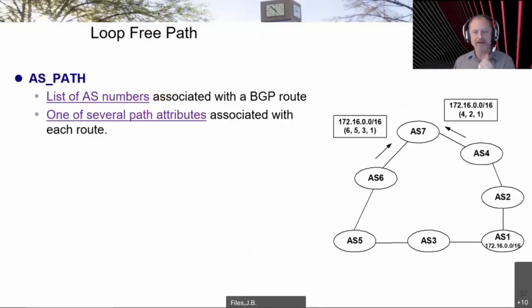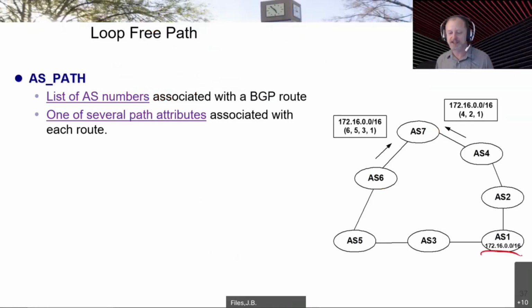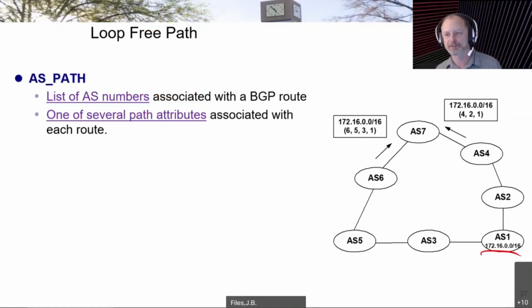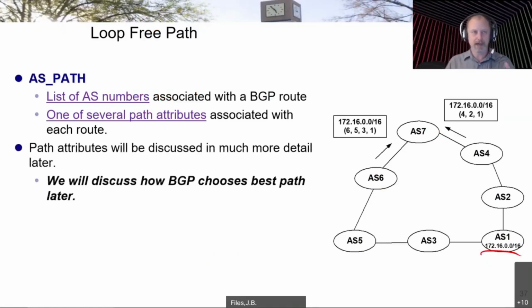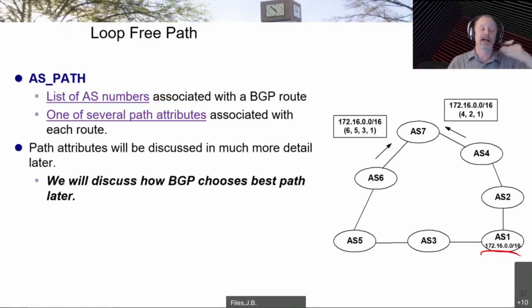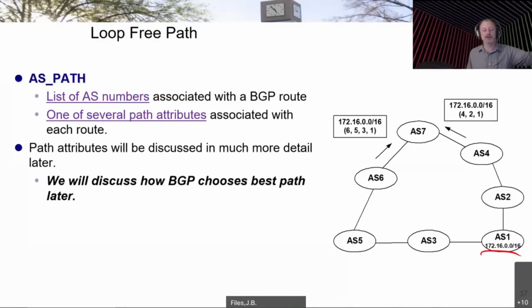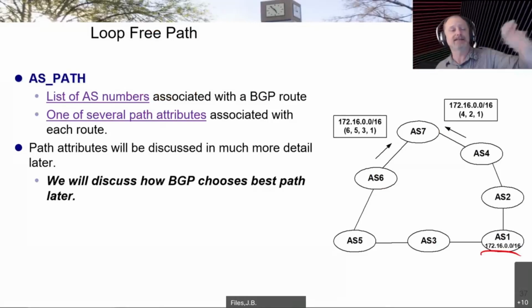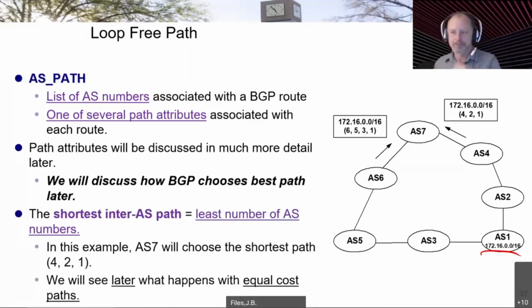So here we have a network, 172.16/16, that is getting advertised. As the path gets advertised, the AS path attribute is updated as it propagates along.